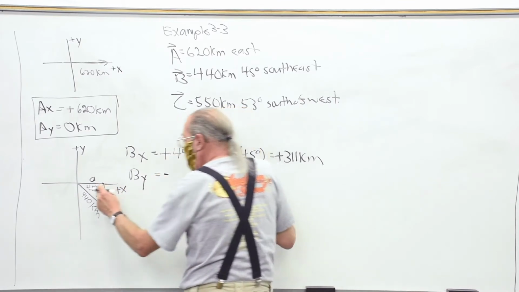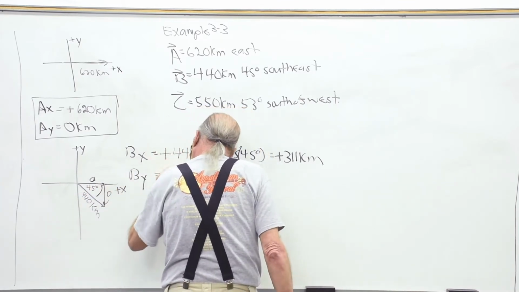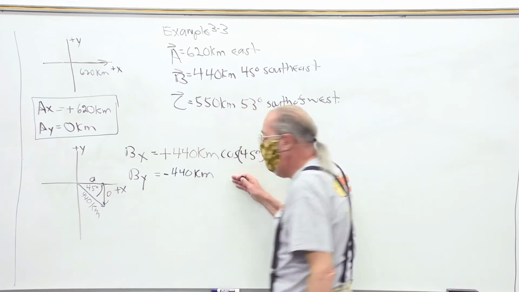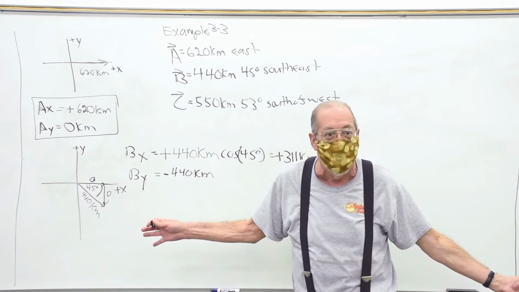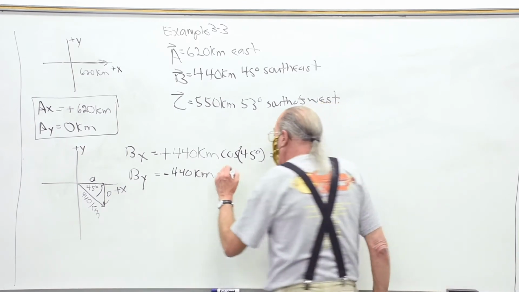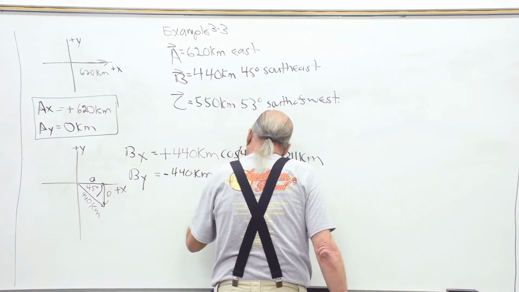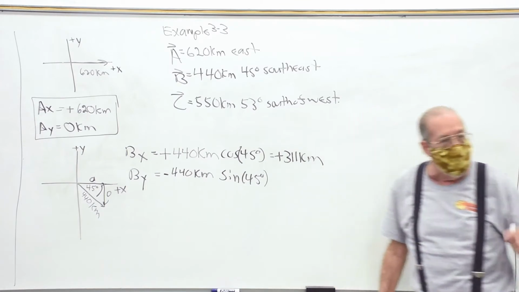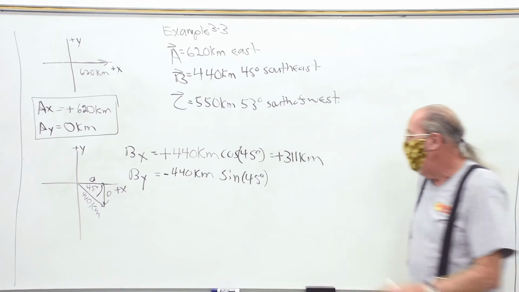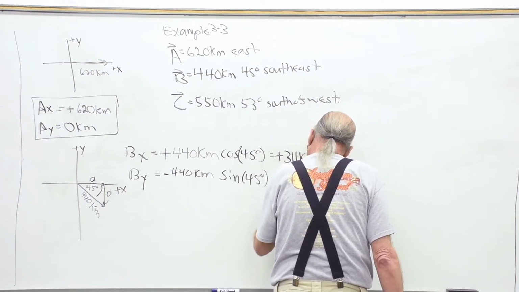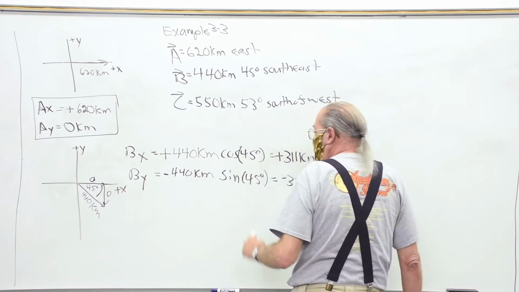We write, again, the hypotenuse. And since we already used cosine, what do we have to use? Sine. You cannot use the same trig function for both the x and y components. If you get one of them right, you know what the other one has to be. This turns out to be negative 311 kilometers.